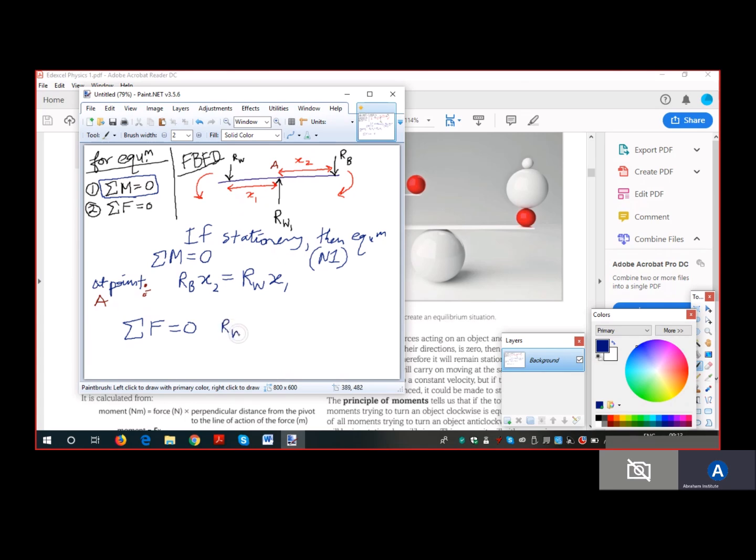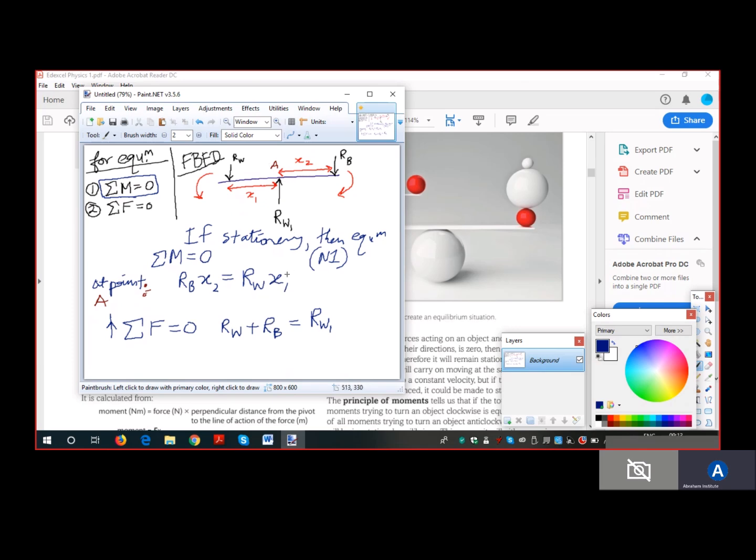If we take the vertical direction, because there are no other forces in any other direction, the forces are all vertical. So RW plus RB, the total downward forces, these are the only two downward forces acting on the plank. RW plus RB should be equal to RW1. These are the two equations we can get.